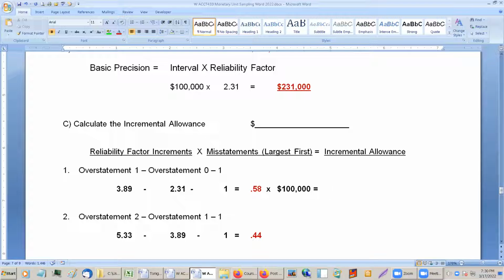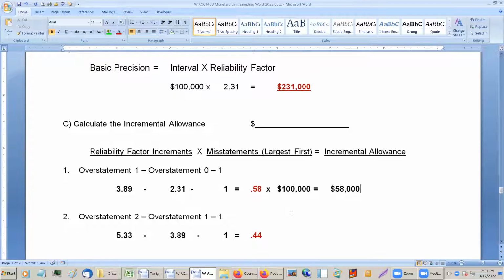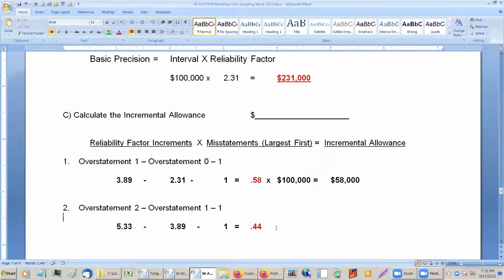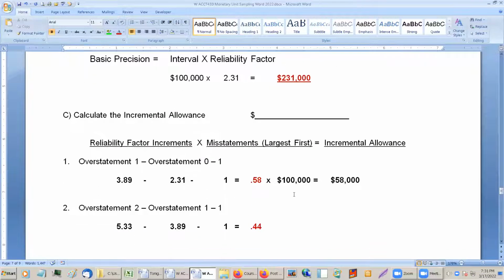$58,000. Should be 58 and 11, I think. Yeah, so for 25,000. Yeah, you're right.